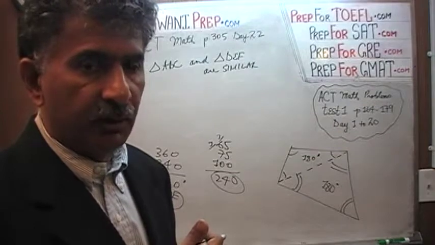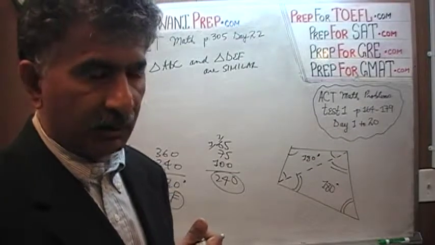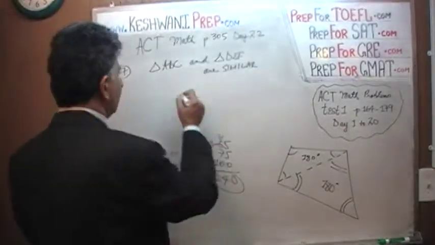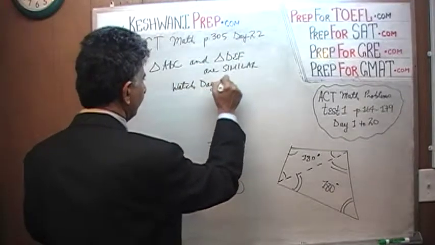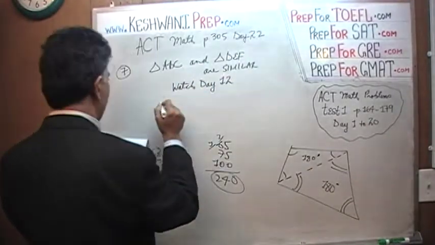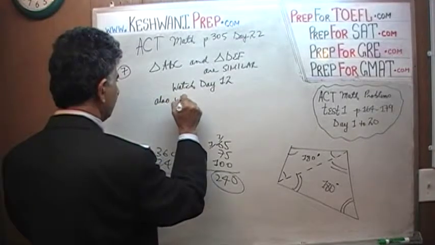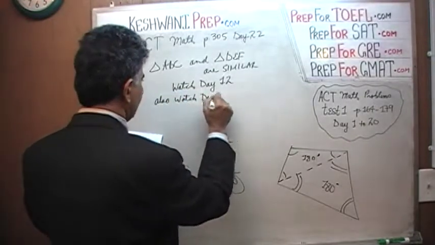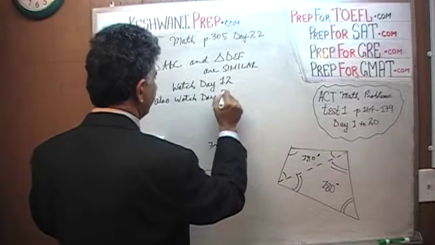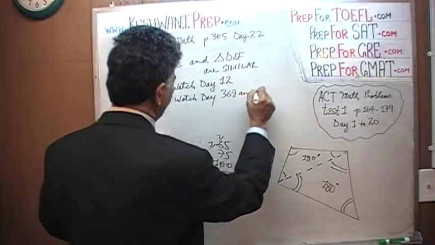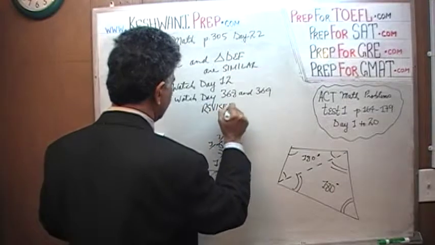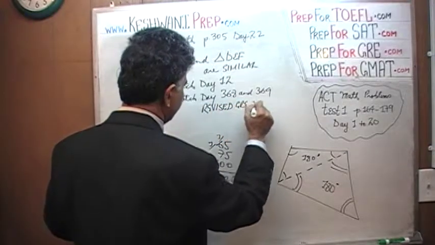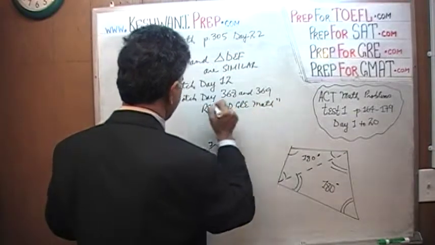So if you're interested in learning a little bit about similar triangles, I would like you to watch day 12 of ACT, and also watch day 368 and 369 of revised GRE math.